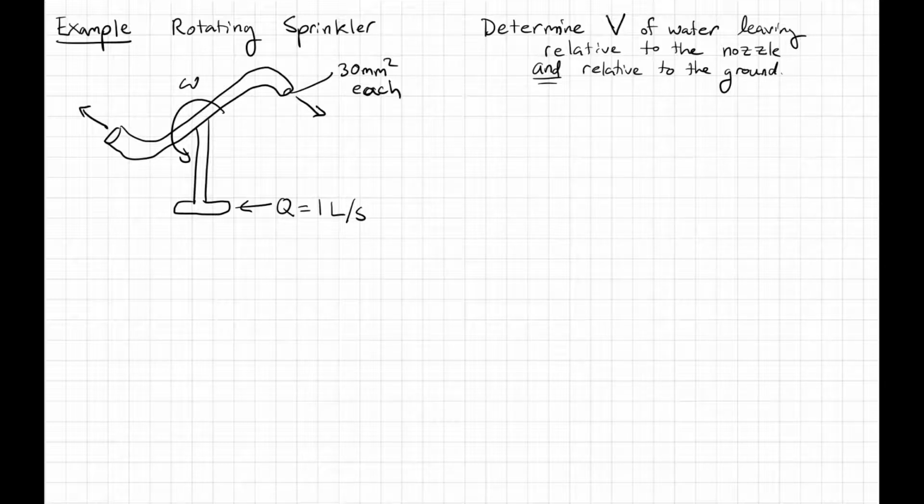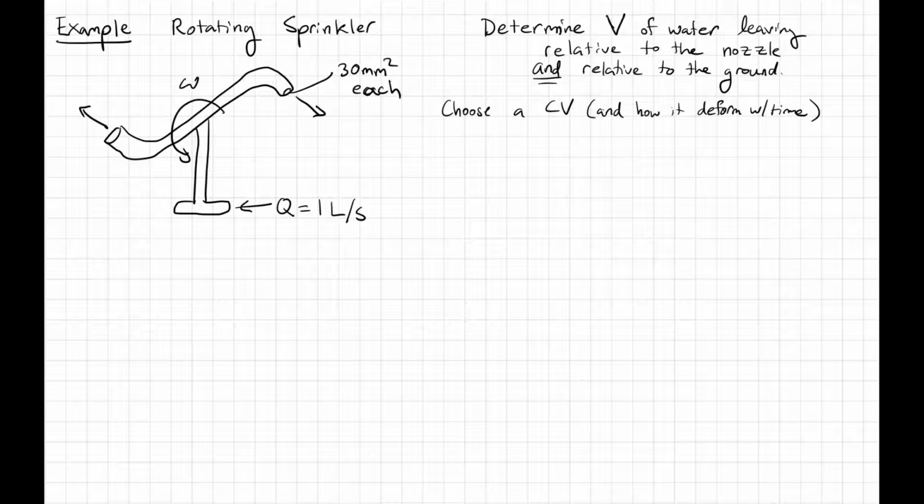The problem is to determine the velocity of the water that's leaving relative to the nozzle and relative to the ground. An observer on the ground sees one velocity, but an observer stationed on top of the nozzle sees a different velocity. What are those two velocities?